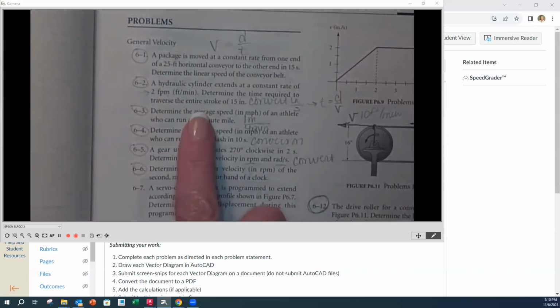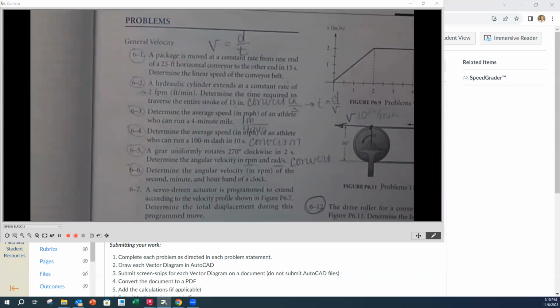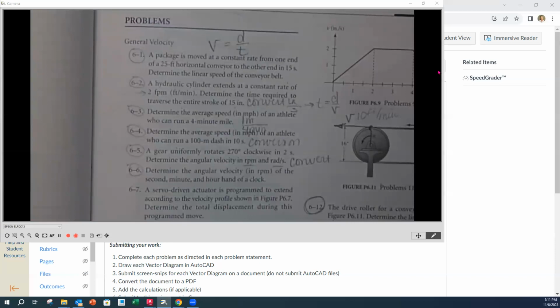So if there aren't any takers, then we'll look at number 2. Number 2 says we have a hydraulic cylinder. It extends at a constant rate of 2 feet per minute. Determine the time required to traverse the entire stroke of 15 inches. Now here, what you want to do is a conversion one way or the other, so that you can either get the distance, 15 inches, into feet, or the 2 feet per minute into inches per minute, or inches per second.